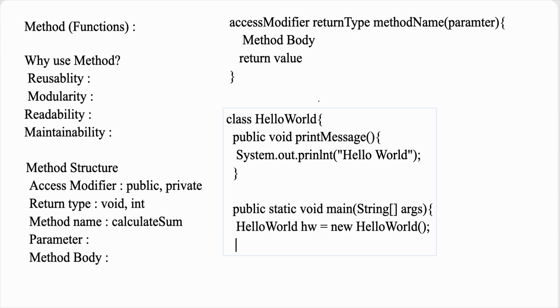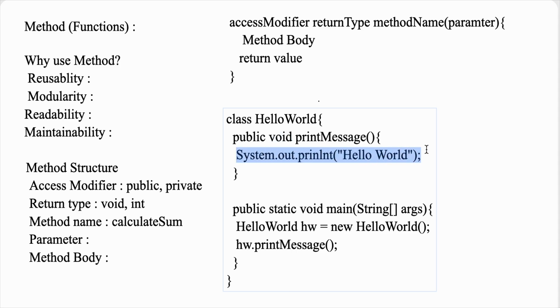Here we need to call the method. The method name is hw.printMessage. Here we need to complete the curly braces. You can see that the class name is Hello World, and here we have created one method. We have used the return type void, so no need to return anything.